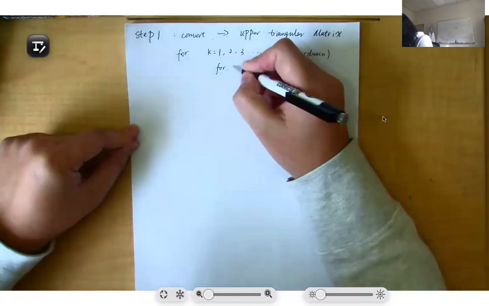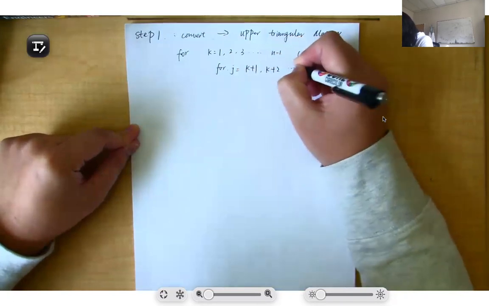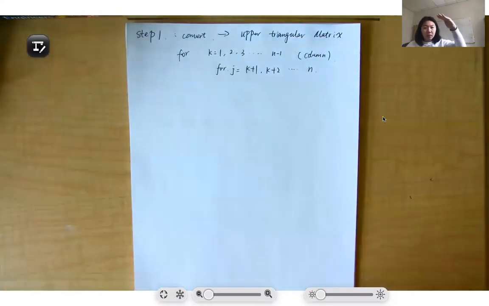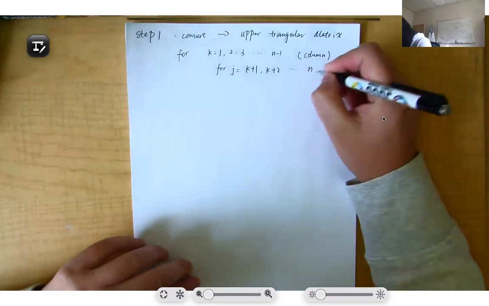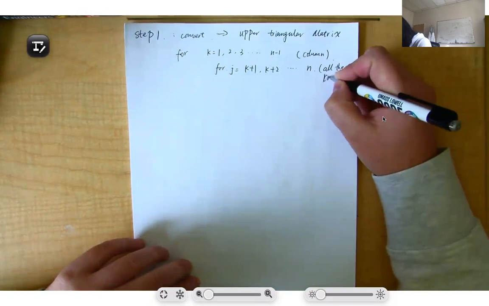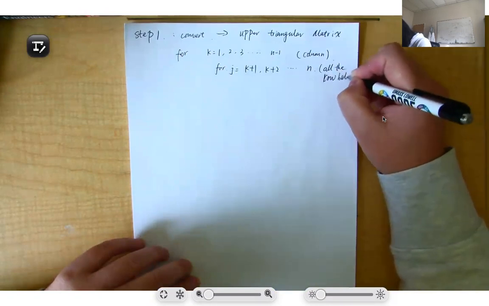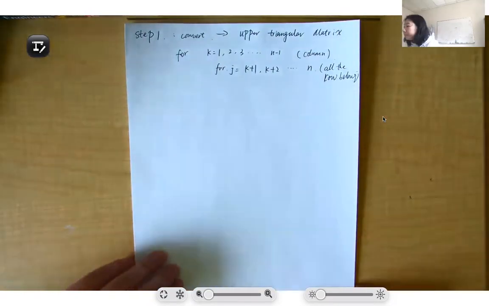So for j equals k plus 1, k plus 2, until n, basically from the second row until the last row, we need to make the lower triangular part 0. This is for all the rows below k.